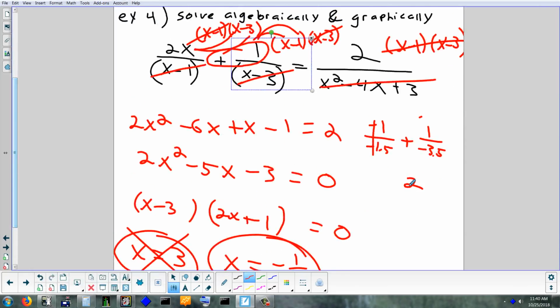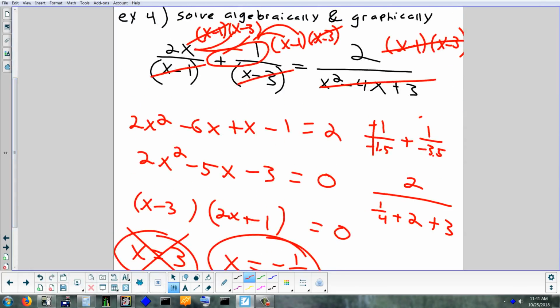So we get 2 divided by negative a half squared. That's a quarter. What's negative 4 times negative a half? 2. 1/4 plus 2 plus 3, so that's 5.25.